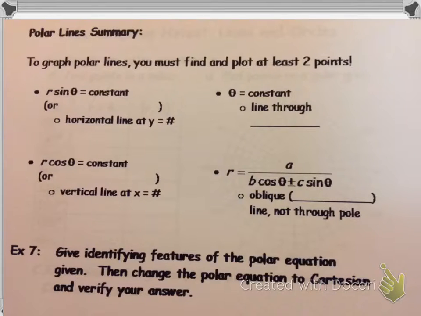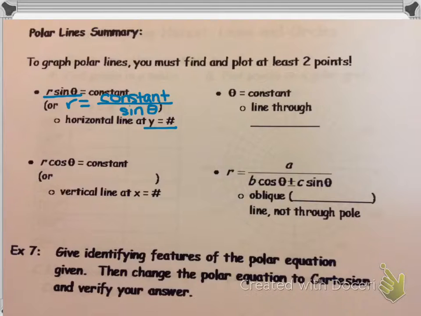So to summarize your lines, we have 4 different varieties. So we have r sine theta is equal to a constant, and remember that the way it was given to us before is that r was equal to the constant divided by sine. So it can also be given to you in that form, and what you ended up with is a horizontal line at whatever that constant was.